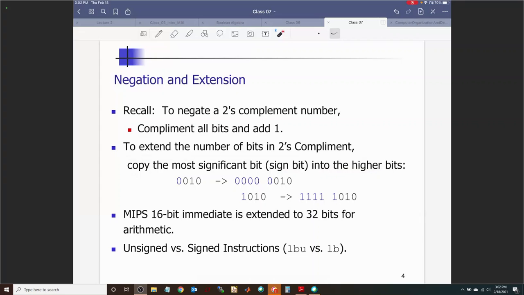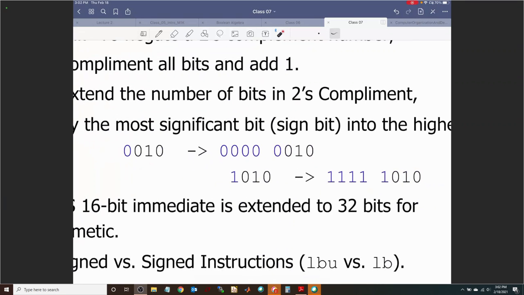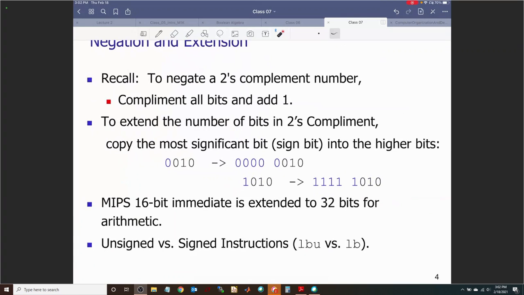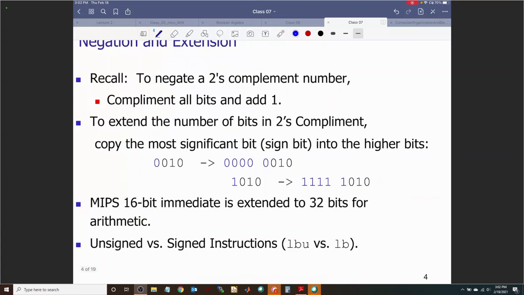For example, here you have two cases. The first case is a positive number. The second case is a negative number. I know that by looking at the sign bit. For the positive number, remember it as sign extension, that's probably going to be a lot easier.